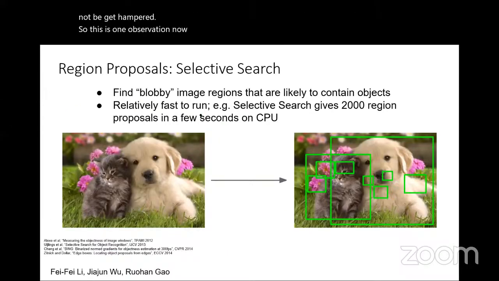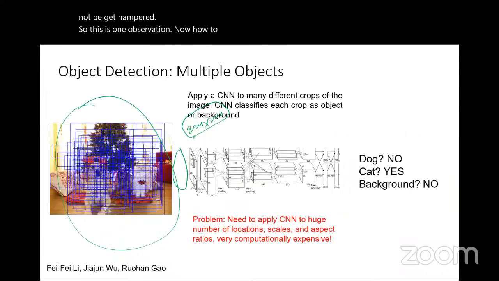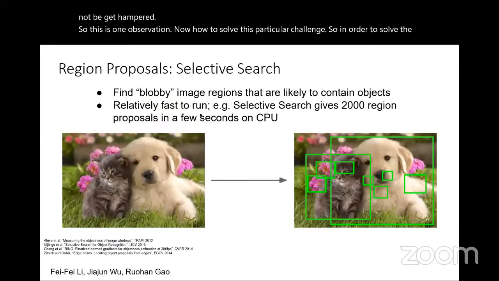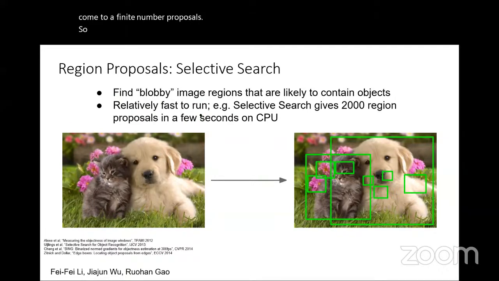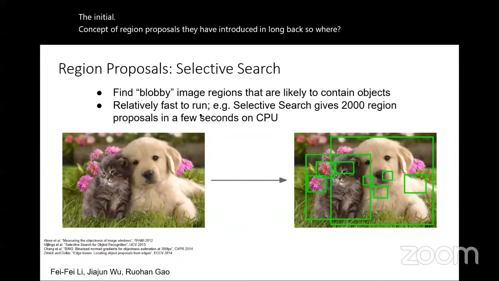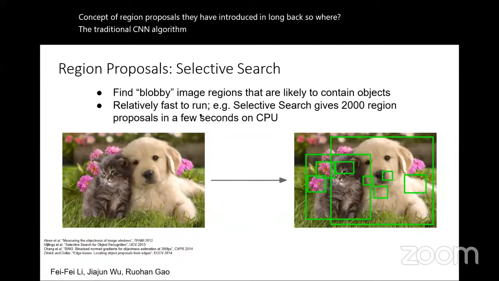Now, how do we solve this particular challenge? To solve it, we have a concept called region proposals. Instead of an infinite number, let's come to a finite number of proposals. The initial concept of region proposals was introduced long back, where traditional algorithms were used.